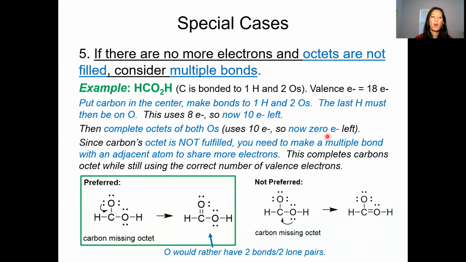But what's my problem with this structure? The O octets are filled, the H duets are filled, but the carbon octet is not filled. So in this case, you can't just magically come up with some electron to just put on carbon. That's not allowed.